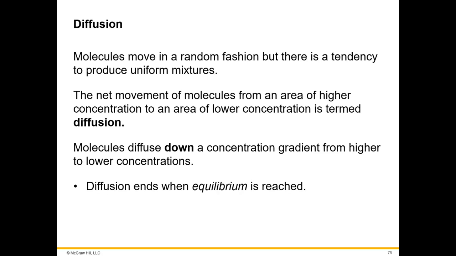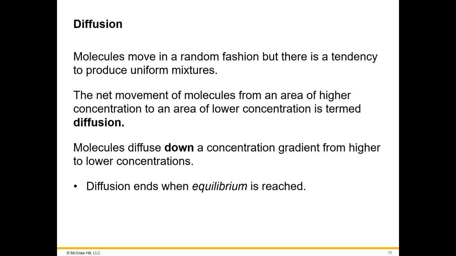Diffusion will end when equilibrium is reached, which means there's basically a balanced amount of that substance in that specific area. So you can imagine if we're in the classroom and I spray some really strong perfume at the front of the room. That perfume is going to diffuse throughout the room until the molecules are spread evenly throughout the room.